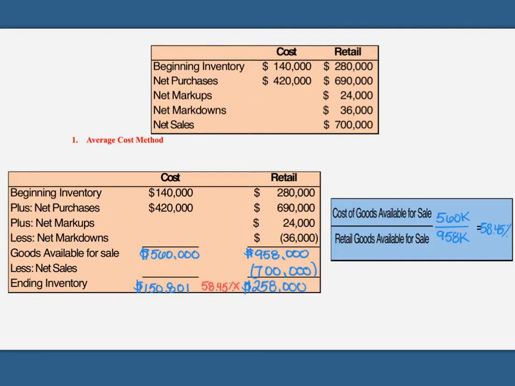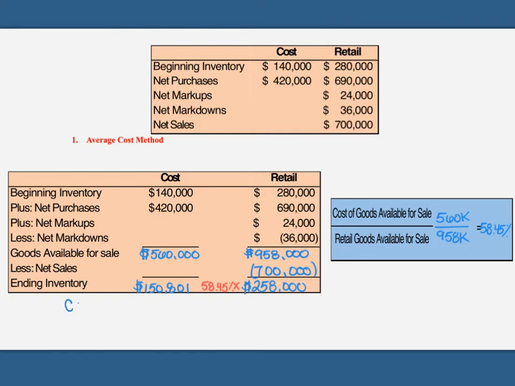So we have our ending inventory for cost. Now we just need to figure out what cost of goods sold are. So cost of goods sold, we can look at what our goods available for sale were, 560,000. So that's everything we had in inventory. Our ending inventory is now 150,801. So if we subtract our goods available for sale minus what our ending inventory is, that will tell us how much we sold, or our cost of goods sold. Let's go ahead and do that formula.